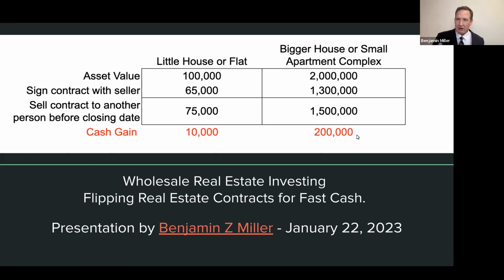But you would never have to actually put any money out to do this. This can be done on smaller houses and flats, and it can also be done on larger houses, even apartment communities. But this is an example of how you can make money with what's called wholesale real estate.